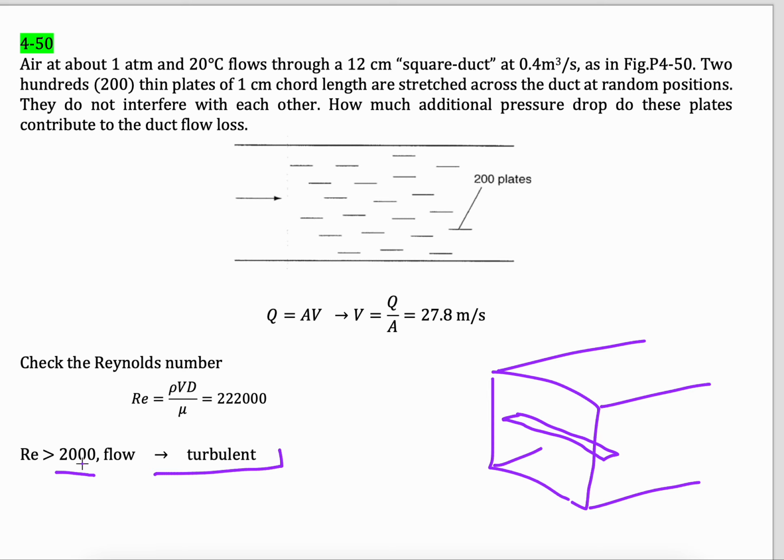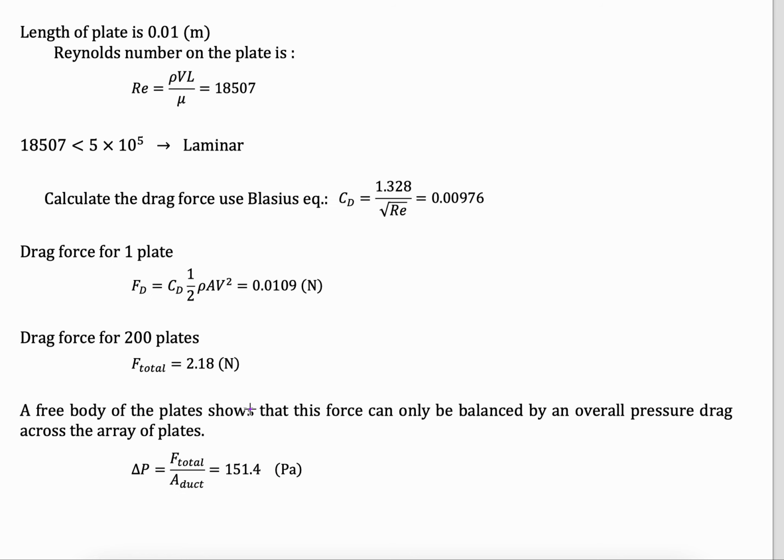But sometimes you could take the Reynolds number larger than 4000. Because it is 200,000 here, we assume that the flow is turbulent. So we could use the common value for flow in pipes and the common value of CD for turbulent flow.